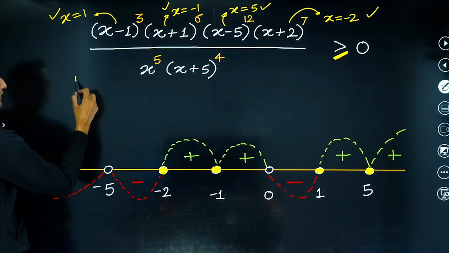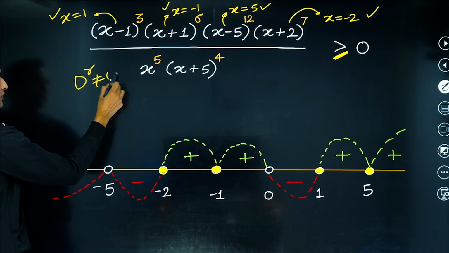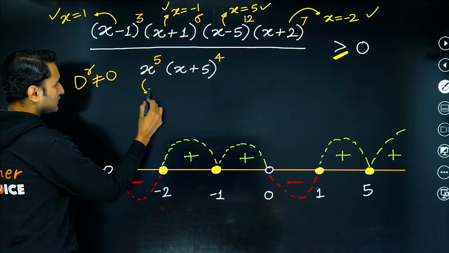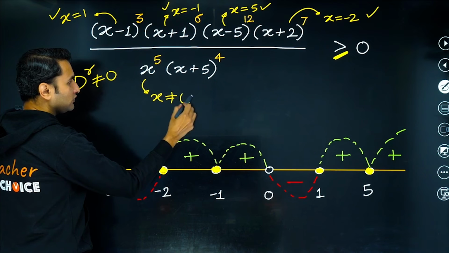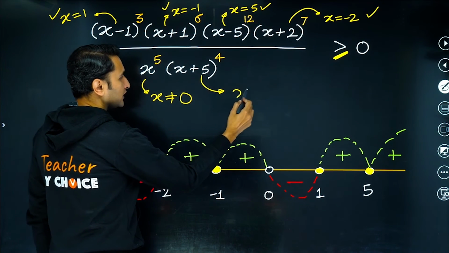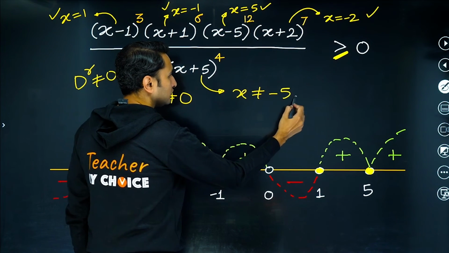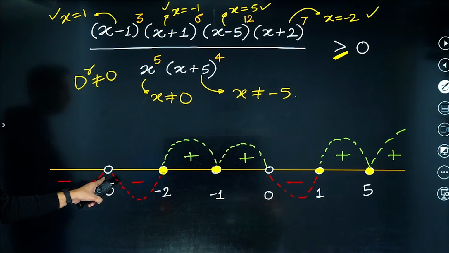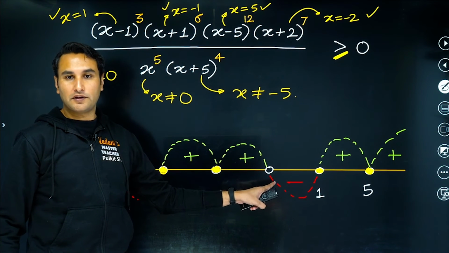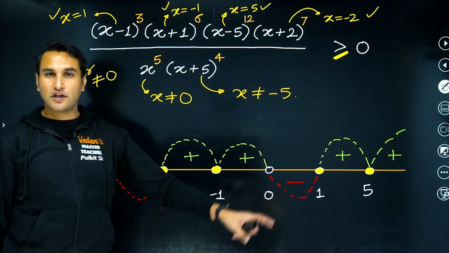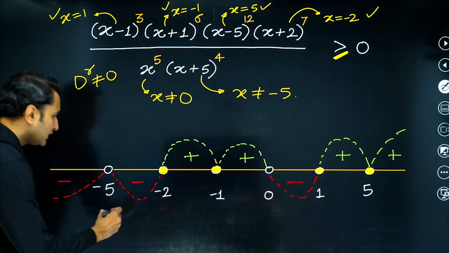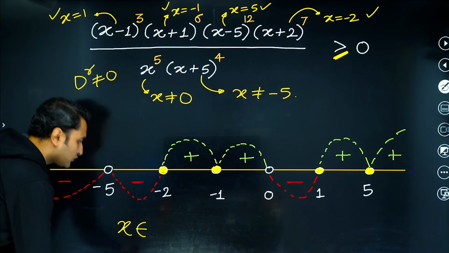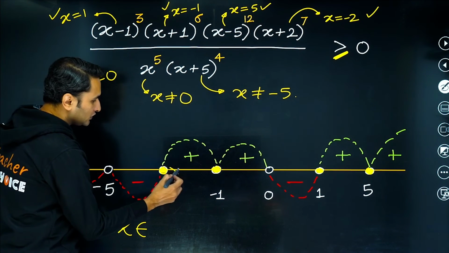Remember, denominators can never be 0. So x cannot be equal to 0 and x cannot be equal to minus 5. We have learned this. So we'll keep these two open, minus 5 open, 0 open. Rest all closed. How will you write the answer? Now the answer will be written as x belongs to all the positive portion.